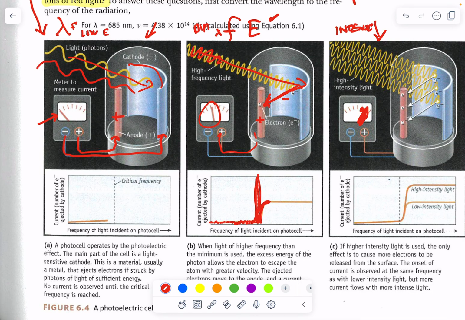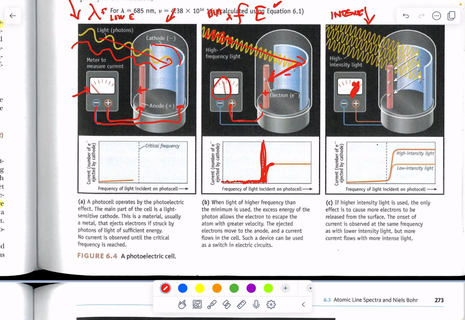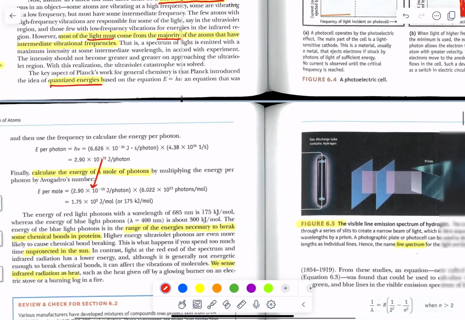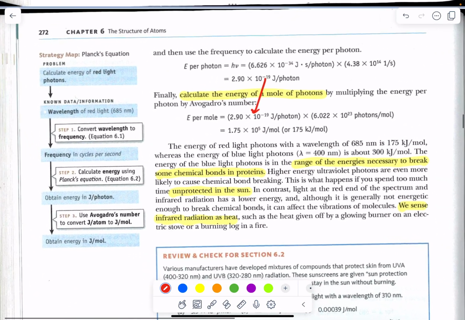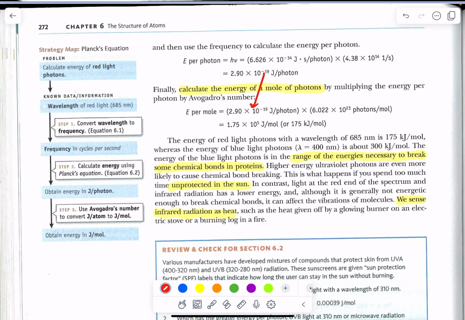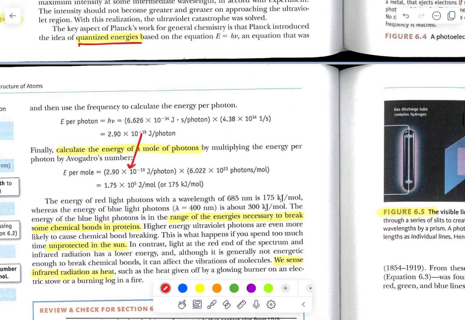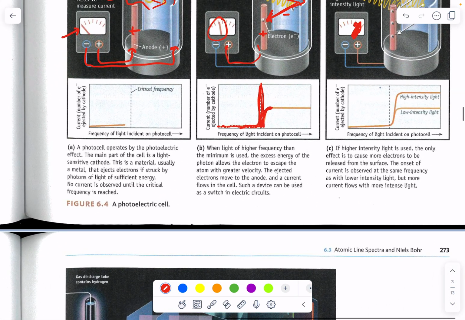So I hope you understand the photoelectric effect, because it's very important. And it can only be explained, as you can see, by thinking about light as being made up of particles of energy. Some of them might have low energy. Some of those particles might have high energy value. Now let's look at this problem right here.